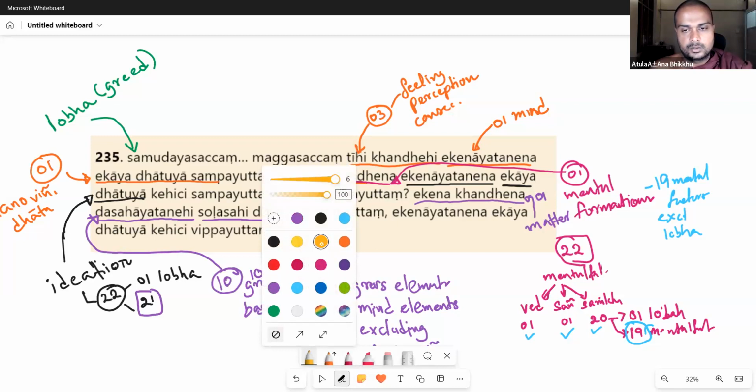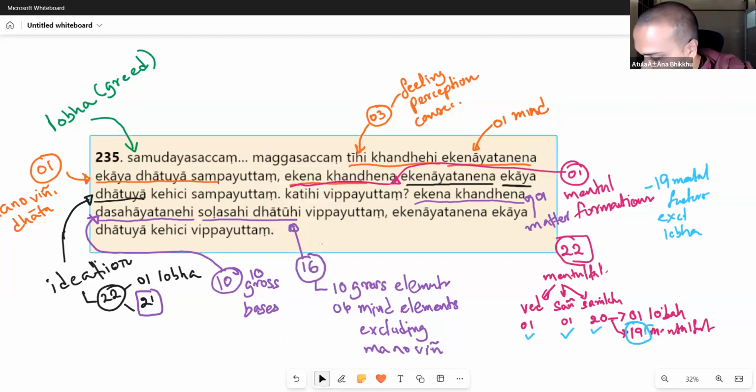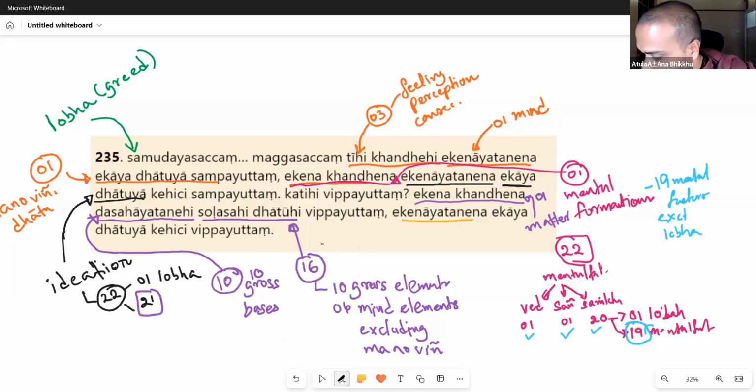The partial dissociation, it's ekena ayatanena and ekaya dhatuya kehichi vippayutta, partially dissociated with one element and one base, right? That is the ideation element and the ideation base. So what are the dhammas? It says it's straightforward, right?